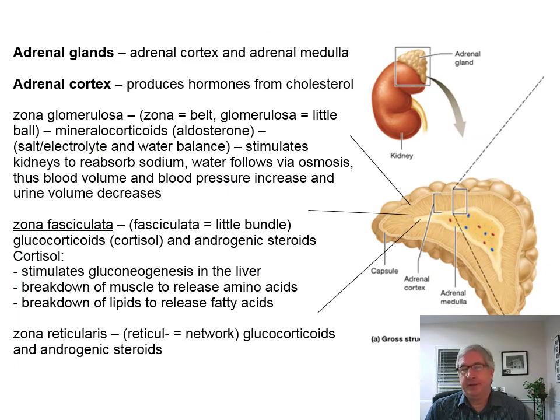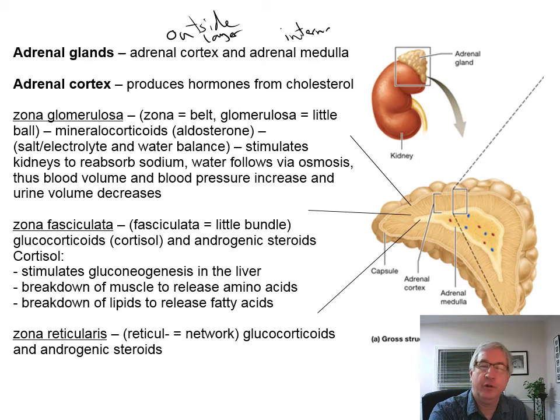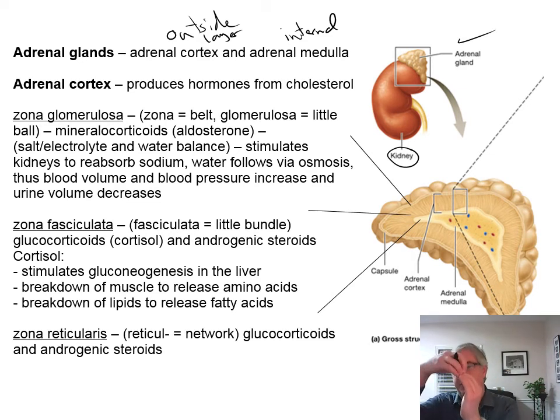Okay, the adrenal glands. We have the adrenal cortex and adrenal medulla, the outside and the inside. So the cortex is the outside layer, and the medulla is the internal part. So we have the kidney. We showed the cadaver a second ago. Here's the kidney, and here's your adrenal gland sitting on top, like a little hat.